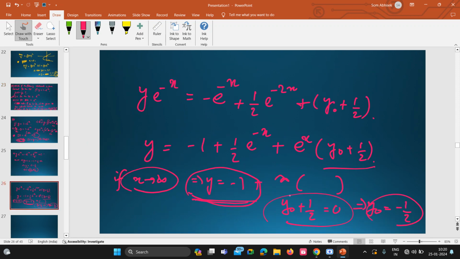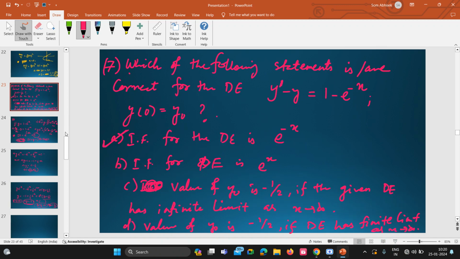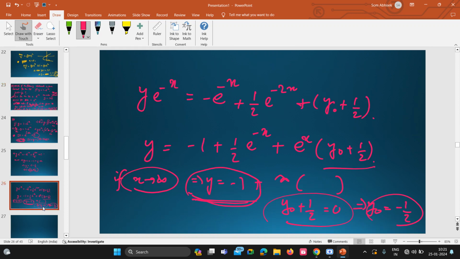When I put x as infinity, the thing became infinite. But it should be finite, right? So for it to be finite, the value of y naught must be minus 1 by 2. So this one will be the answer. Good.